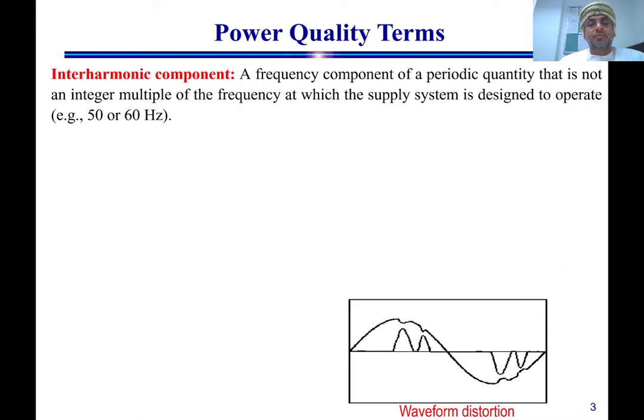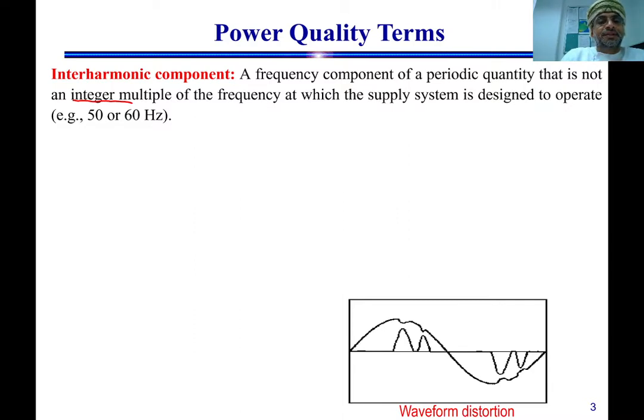Interharmonic component is a frequency component of a periodic quantity that is not an integer multiple of the frequency at which the supply system is designed to operate. We said that harmonics are integer multiples of the fundamental: second, third, fourth, fifth, and so on.